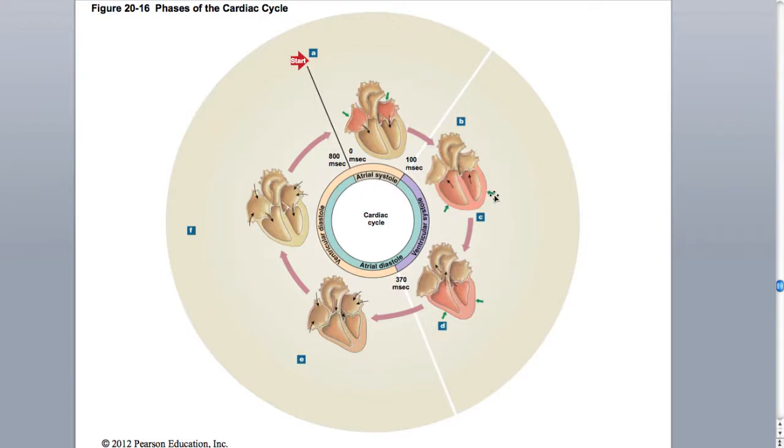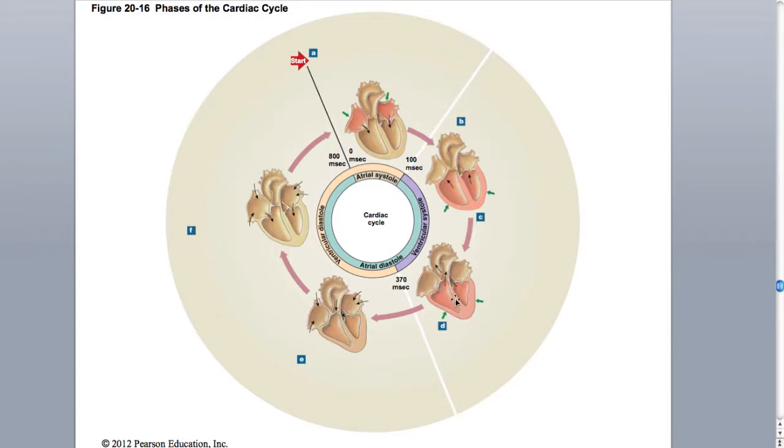Then comes to this point. This point, what are we having? Ventricular systole. So here we're now starting to do what? Contract the bottom of the heart. So EKG-wise, this would be starting off the QRS. So between B and D, right here at C, we should have the QRS on the EKG.